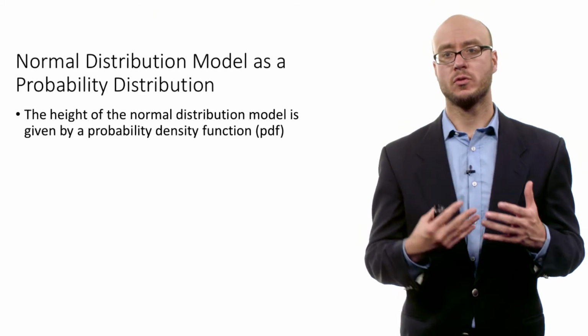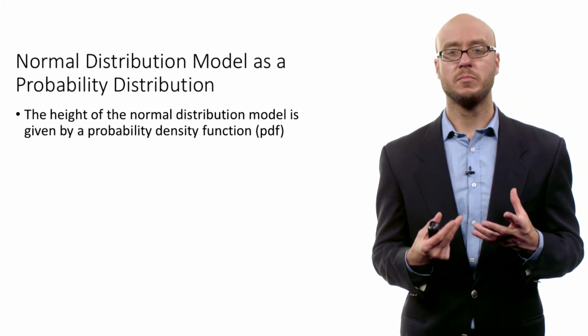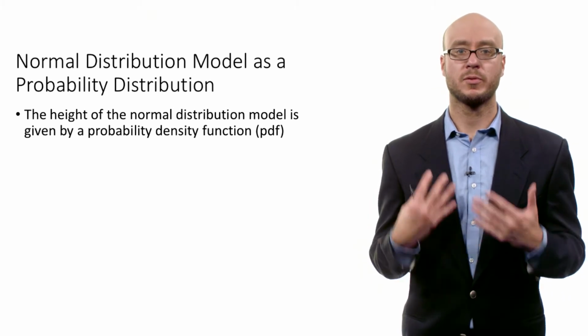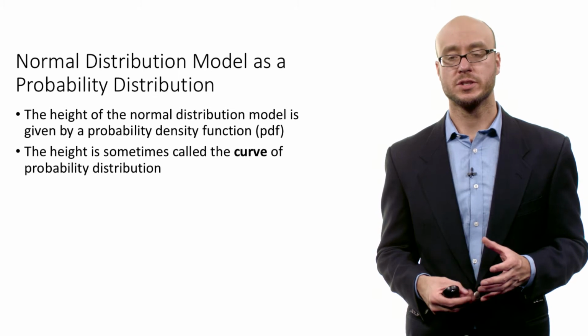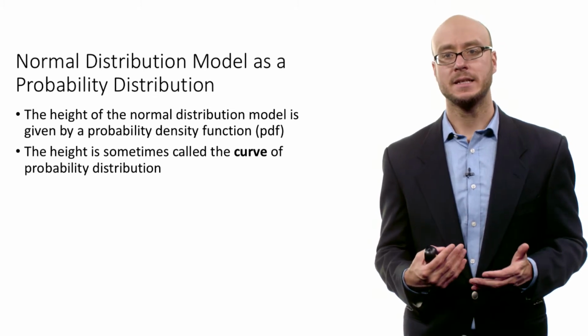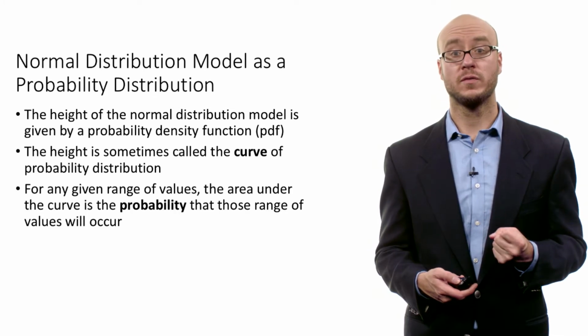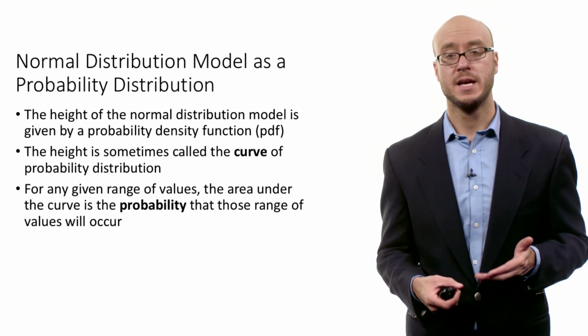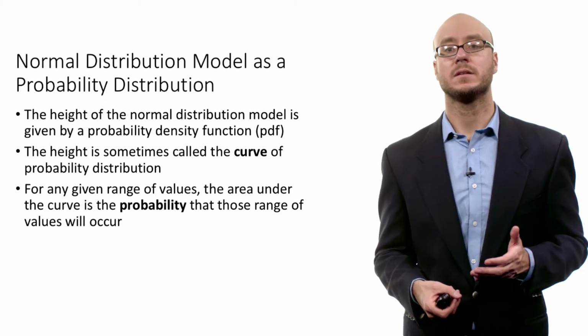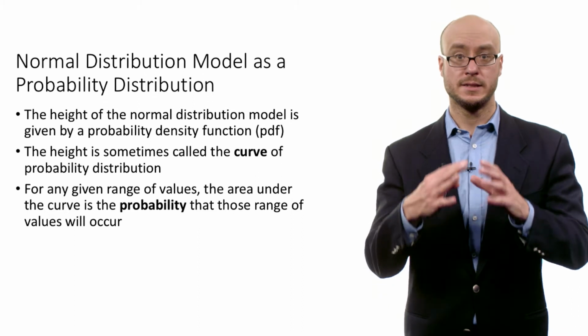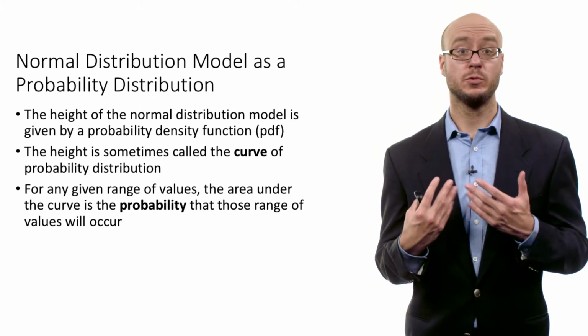So the height of the normal distribution model is given by a mathematical function that we call a probability density function. The important point is that the height is sometimes called the curve of the probability distribution. And the higher that height, the more likely a certain area under the curve is to occur.